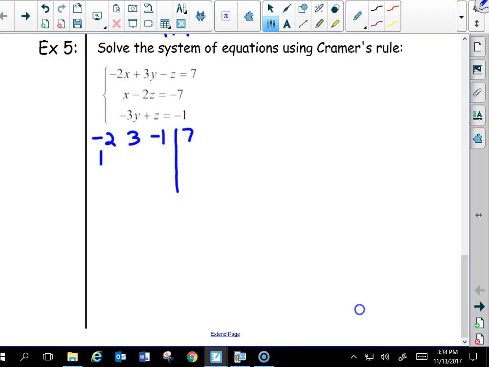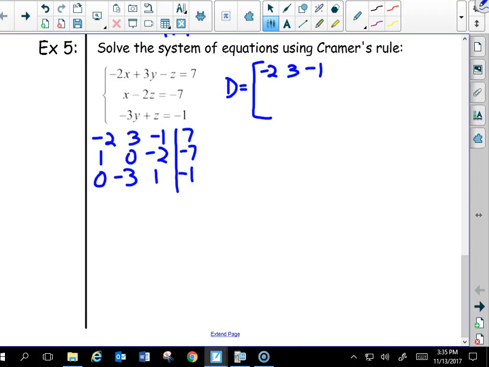So 1x, 0y, and -2z, 0x, -3y, and 1z, and -7, and then -1. All right, let's start with D. That's going to be just the matrix on the left, the coefficients of our system of equations.